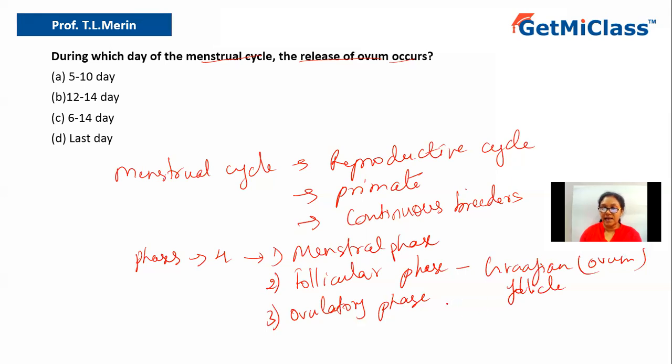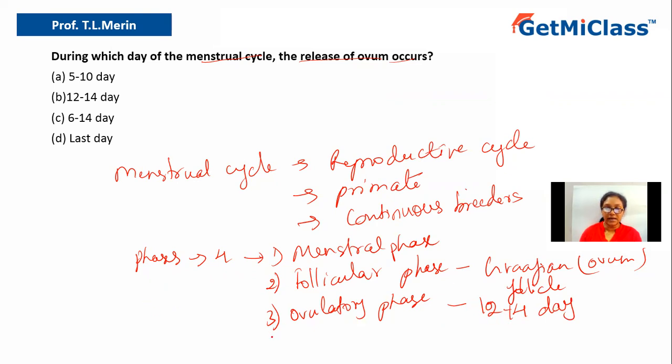And this phase happens between 12 to 14 days of the entire cycle, like the 12th day to the 14th day. In between those days, the ovulatory phase occurs. That means release of the ovum occurs.